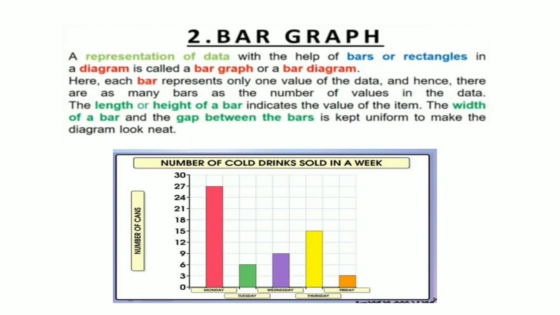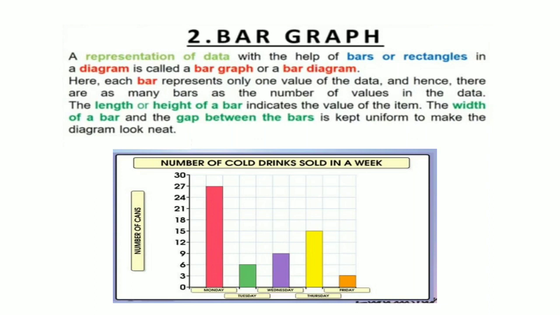Each bar represents only one value of the data, and hence there are as many bars as the number of values in the data. The length or height of a bar indicates the value of the item, and the width of a bar and the gap between the bars are kept uniform to make the diagram look neat.